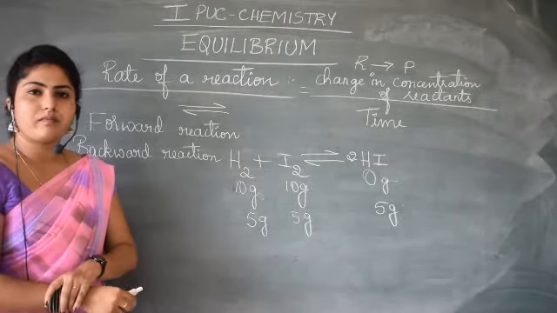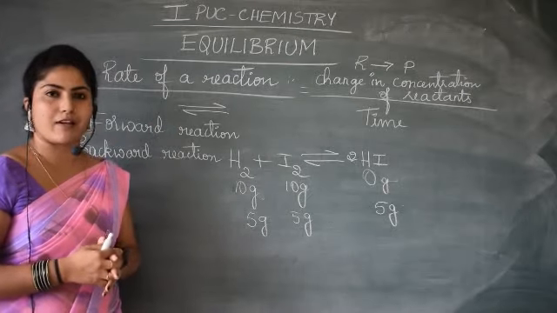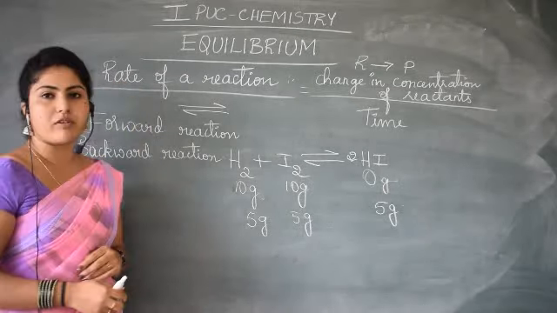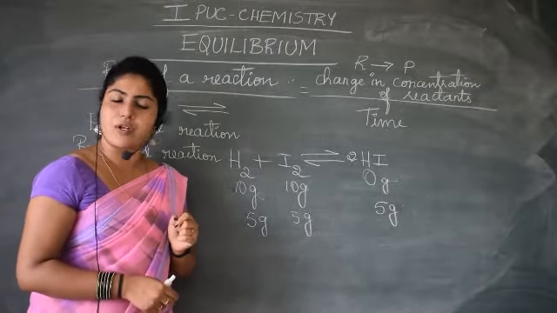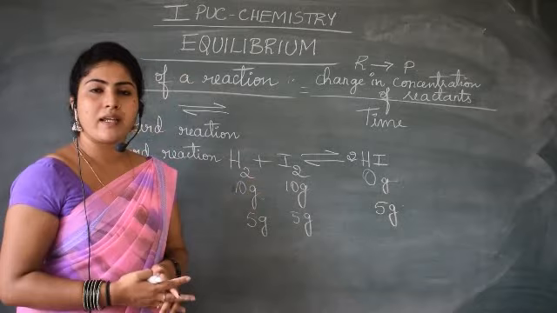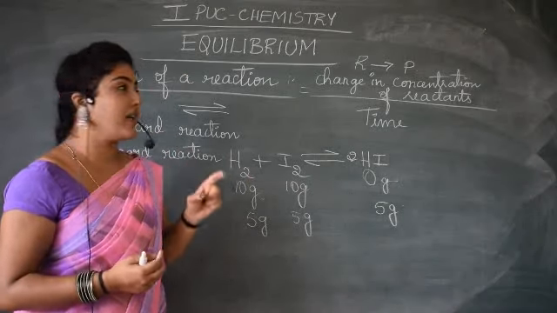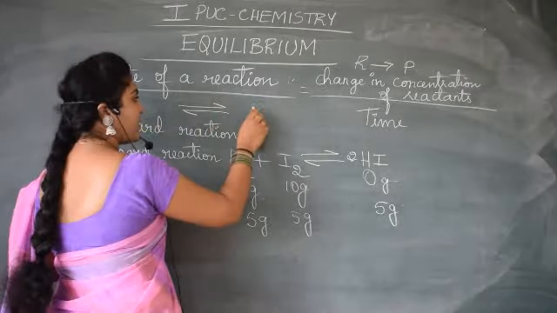Now, since you have known what is rate of a reaction, let's come to the concept of equilibrium. So equilibrium is that state. The condition for equilibrium is that it must be a reversible reaction.